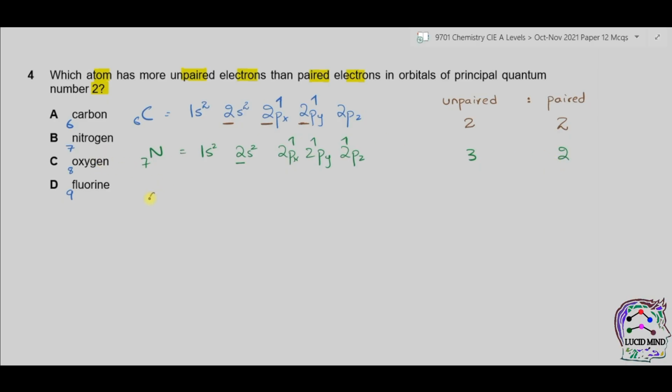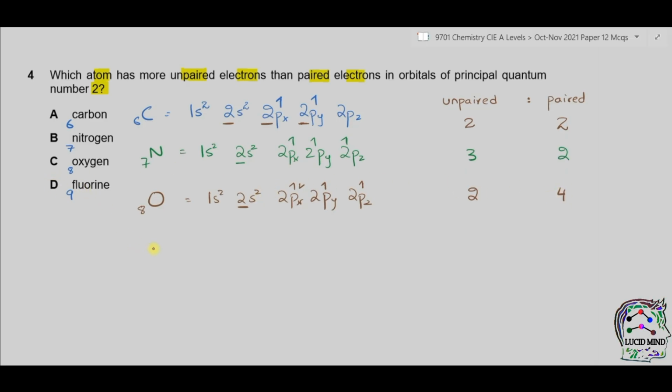For oxygen, 1s2, 2s2, 2px, 2py, 2pz, 1, 2, 3 and 4 electrons. Now we can see we have 2 unpaired electrons and 4 paired electrons.